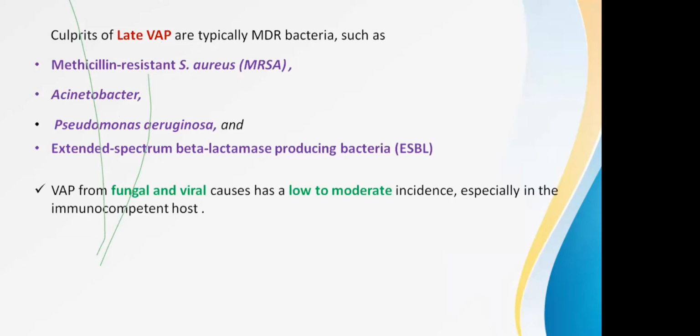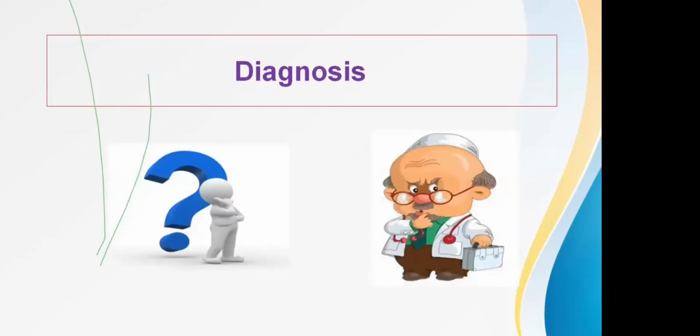So these are the commonest, again the multi-drug resistant bacteria leading to late ventilator associated pneumonia. So Pseudomonas, ESBLs, they are the predominant. And not to forget here, yes, fungal causes are also there. So Candida, we have the new species with Candida, Candida albicans, Candida auris. These are the causes for late onset ventilator associated pneumonia.